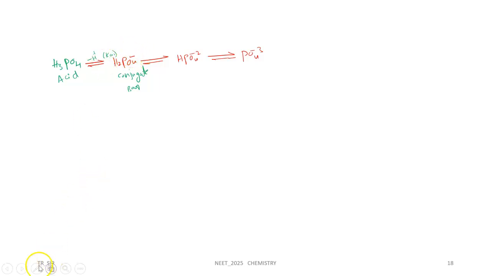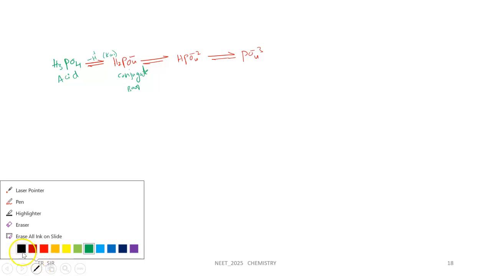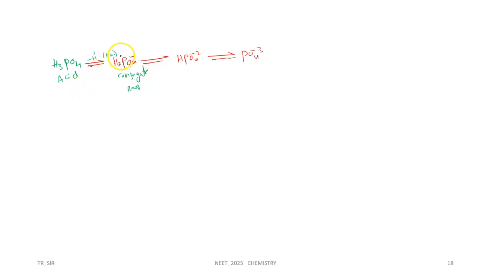Next, H2PO4 minus now becomes the acid, and the next species is its conjugate base. Here Ka2 will be the ionization constant. Again, taking this as the acid, the next one becomes the conjugate base, and Ka3 will be the ionization constant.